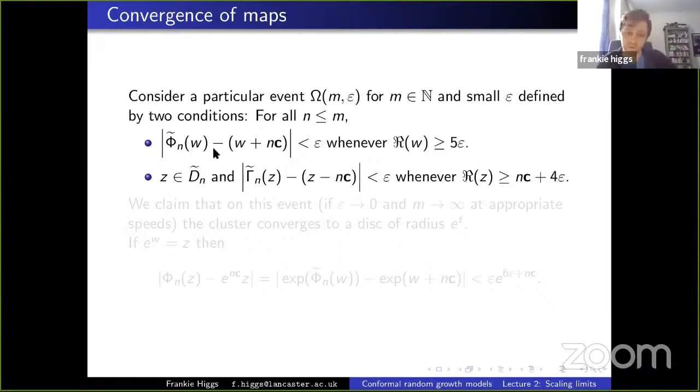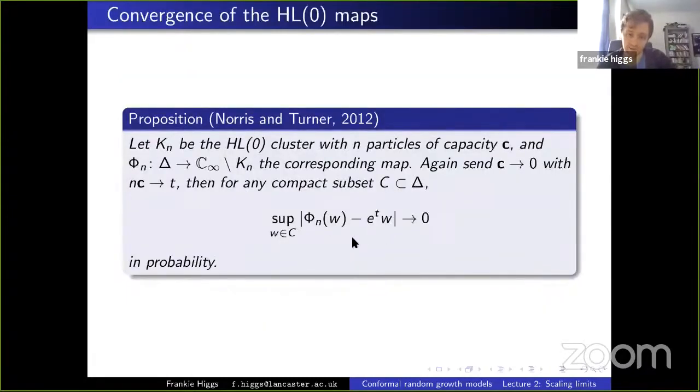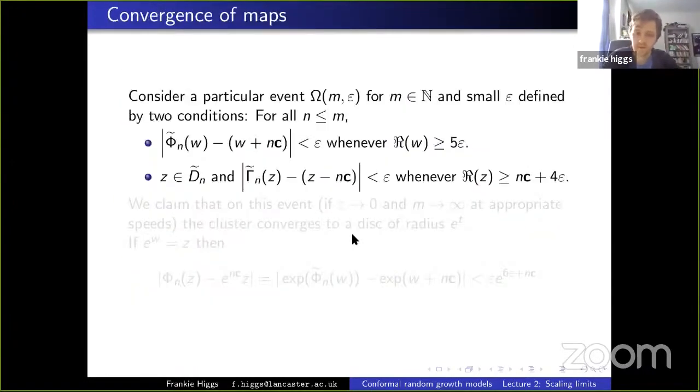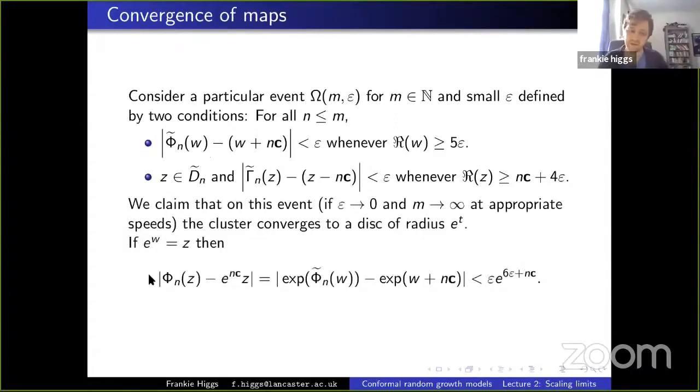So this is just the logarithmic version of, if we go back a few slides, the thing we're trying to say is small. So on omega_{m,epsilon}, well, the logarithmic version of the thing we want to say is small. And so it's a matter of fairly simple calculation to show that the thing we actually want to be small is also small.